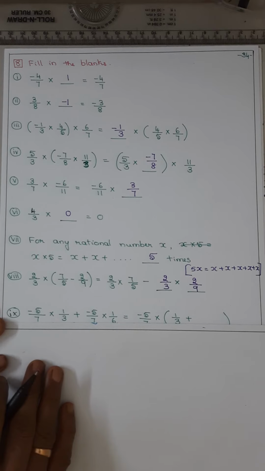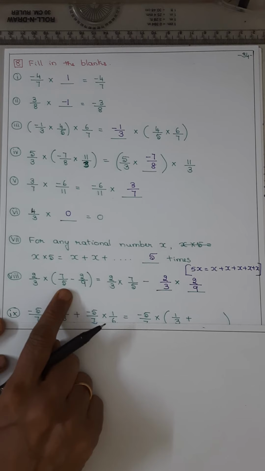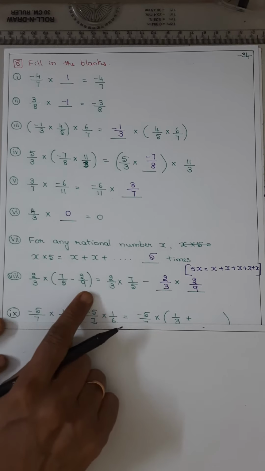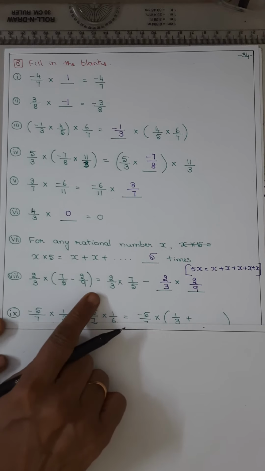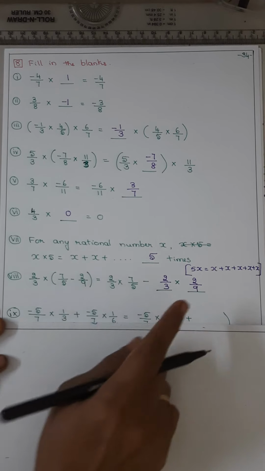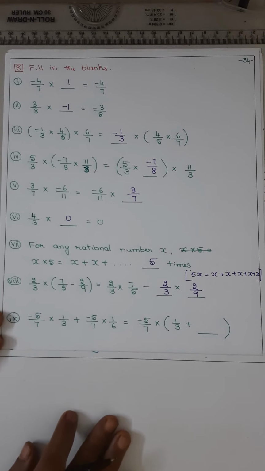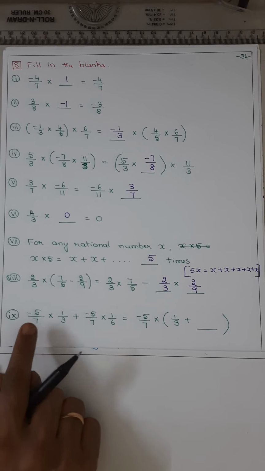Distributive property. First number into the second number minus first number into the third number. First number is common for second and third. है ना? So then it is called as a distributive property. Now the same method, but it is reversed.